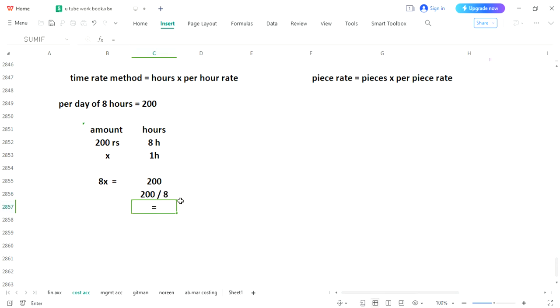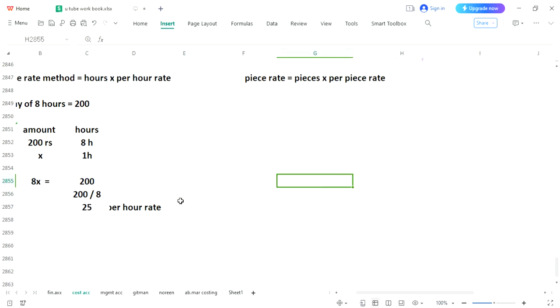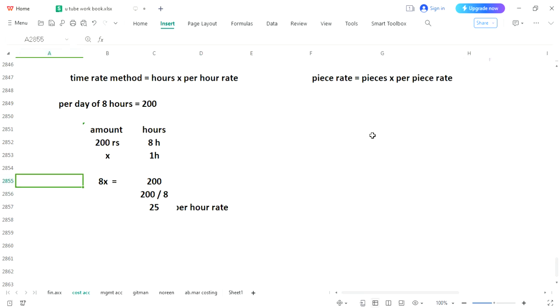Statement is completed. Now we can complete our calculation. 200 divided by 8 is 25, and what we have calculated is the per hour rate. So we can write it as small t, and that is 25.